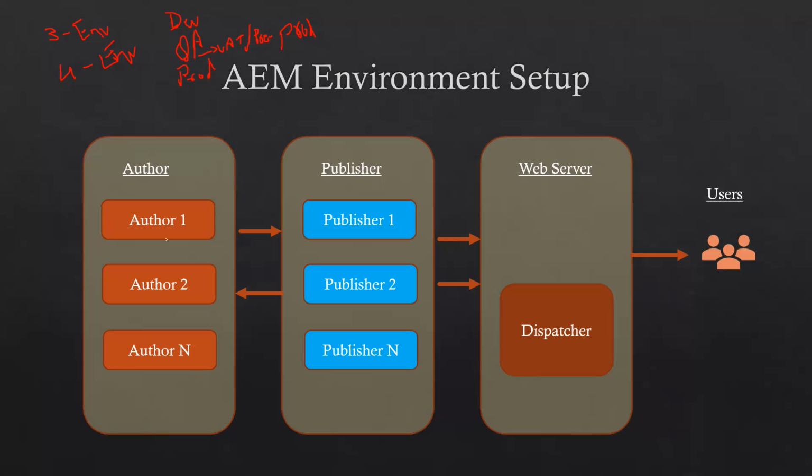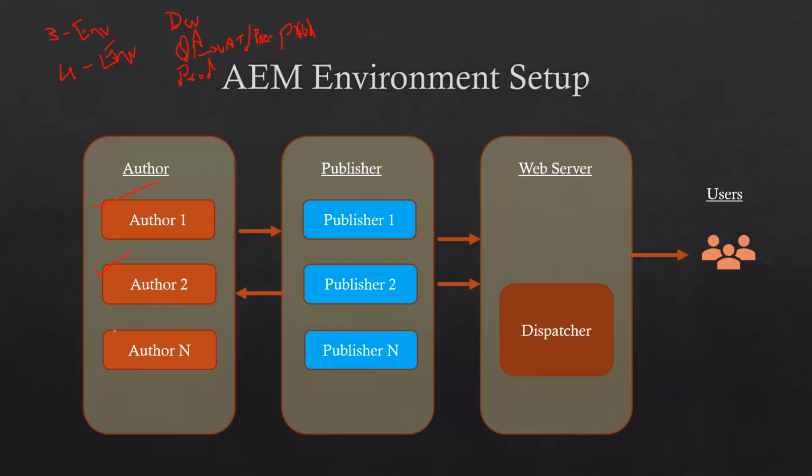Generally, the number of authors would be one. Most of the time, it would be only a single author. In some cases, there could be two authors as well, but I have never seen any project with more than two authors.